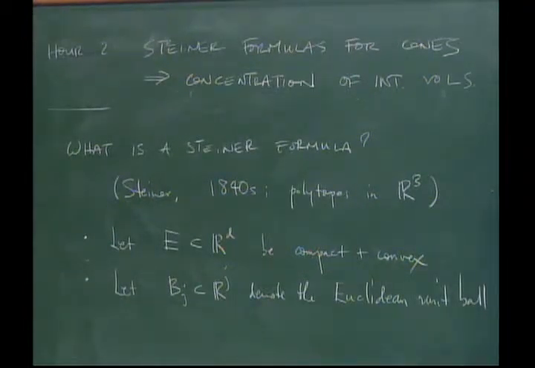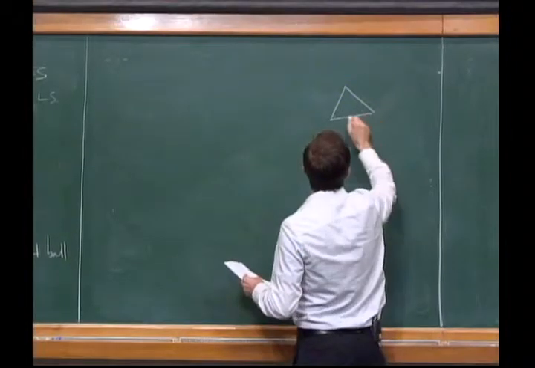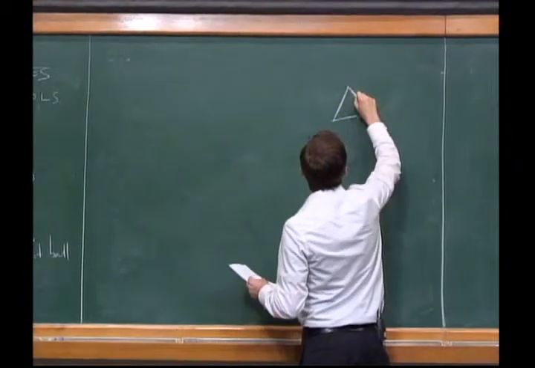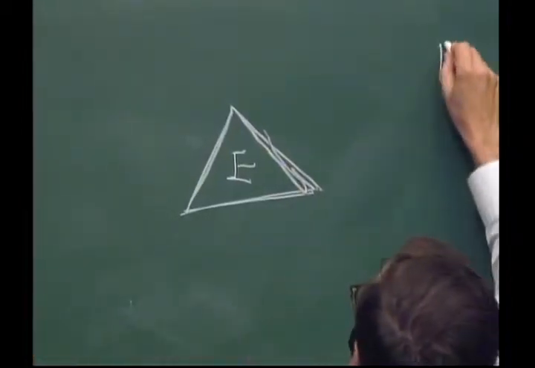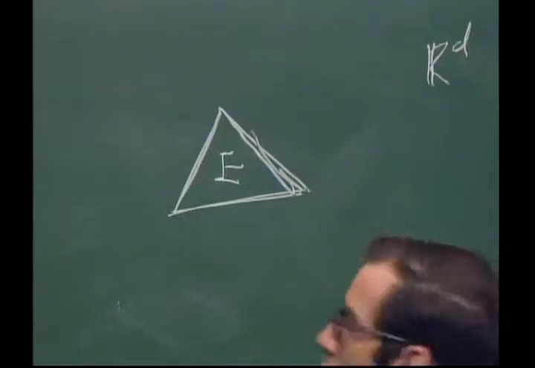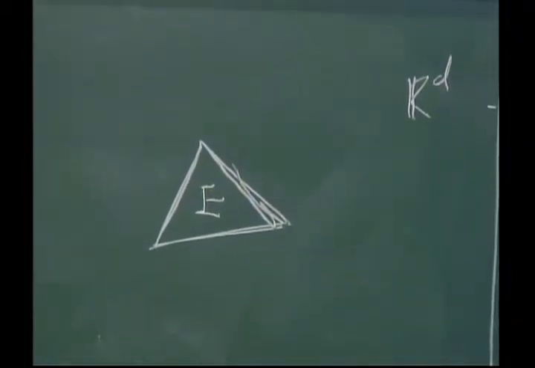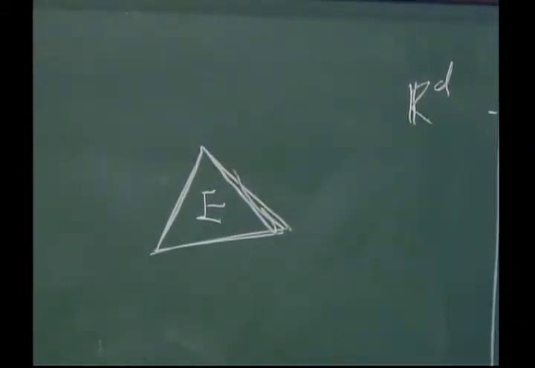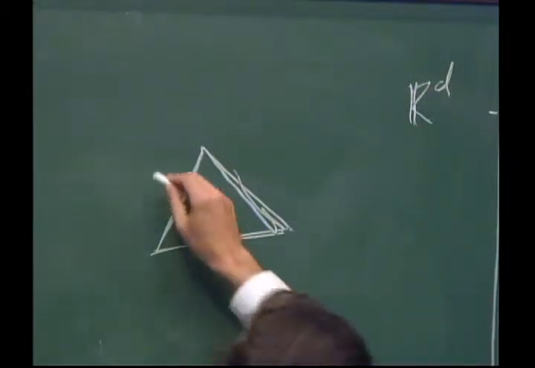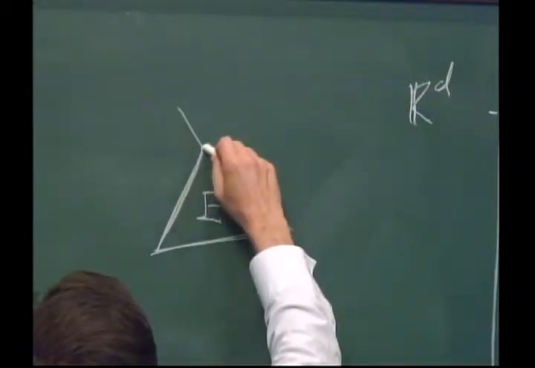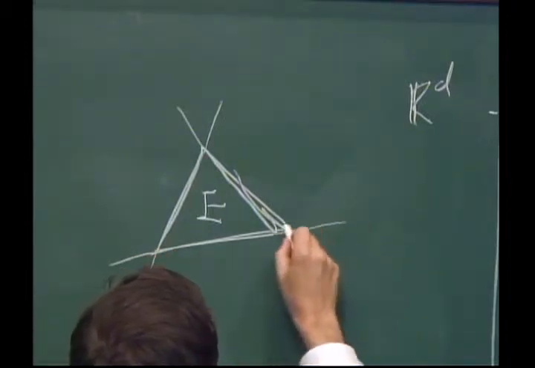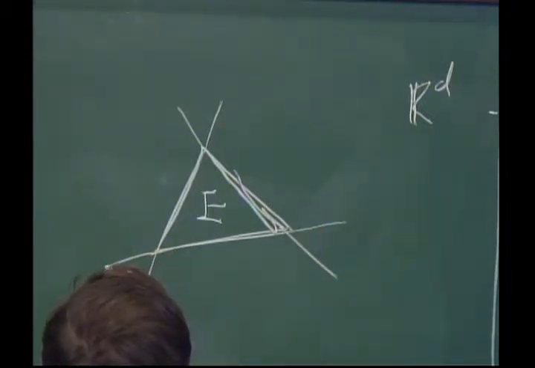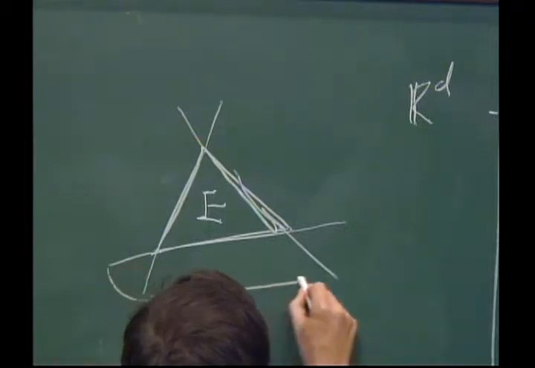So Steiner formulas concern what happens when you take a set E and you inflate it. So you look at what's called the parallel body, or the expansion of the set, by adding to it some multiple of the Euclidean ball.